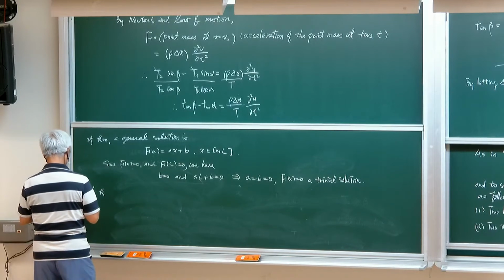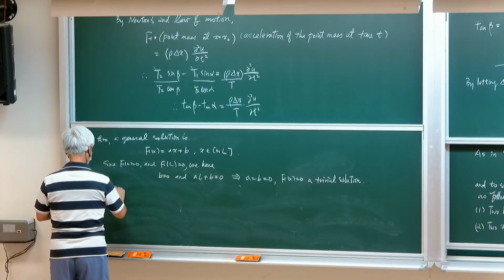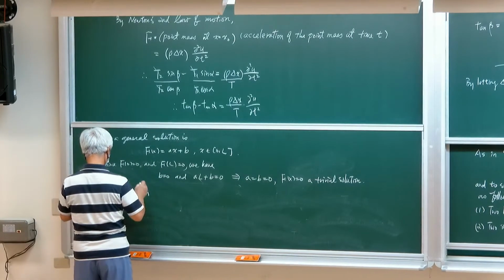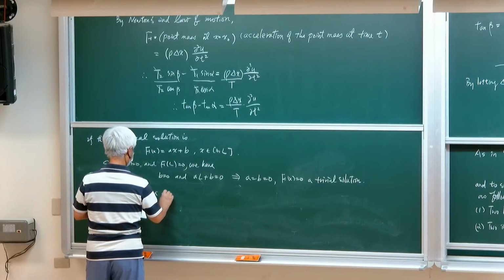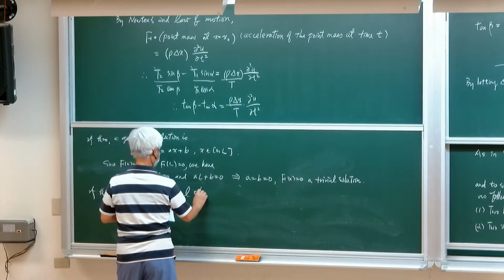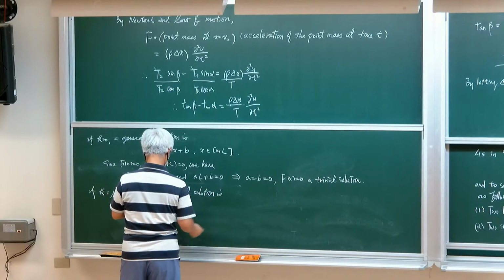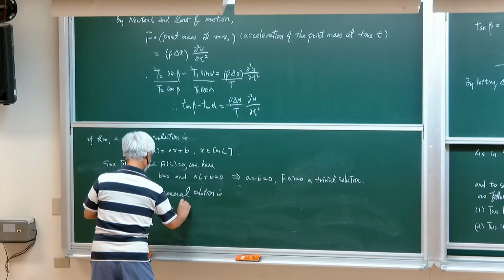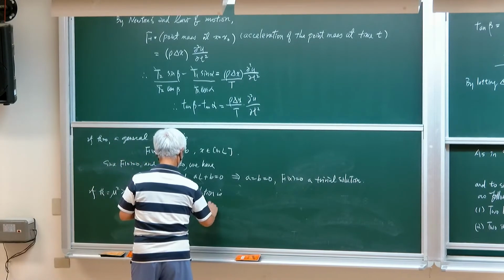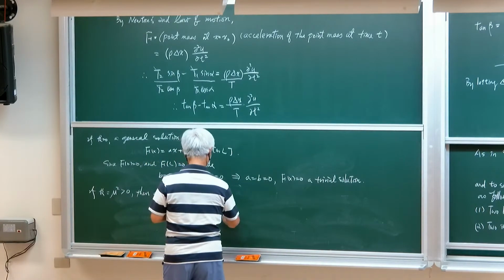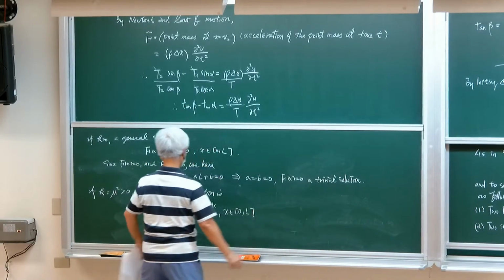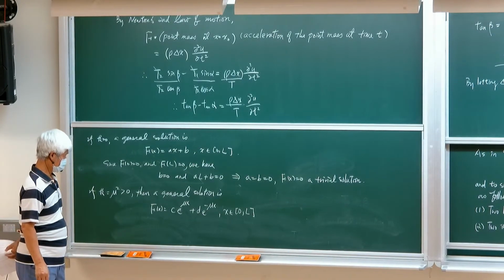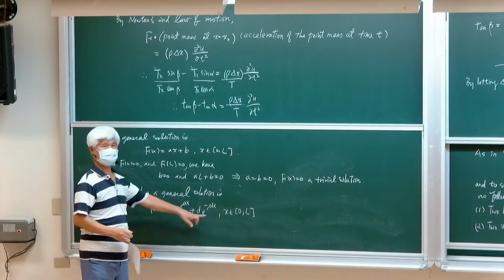Now if k is positive, k equals mu squared, then a general solution is a superposition of these two exponential functions.